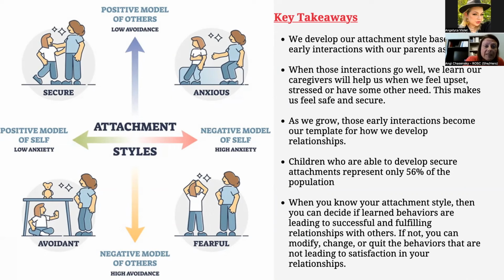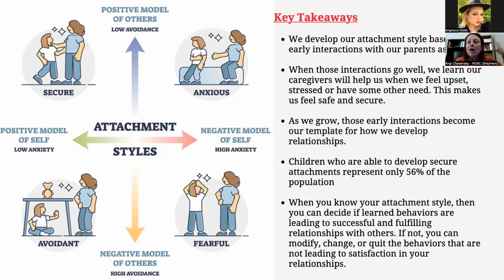If you have that positive model of self, but a negative model of others, you can have avoidant tendencies. Now the bottom right-hand corner: if you have a negative model of yourself and a negative model of others, you could lean into a fearful attachment style. The beautiful thing about all of these attachment styles is that the behavior is learned.